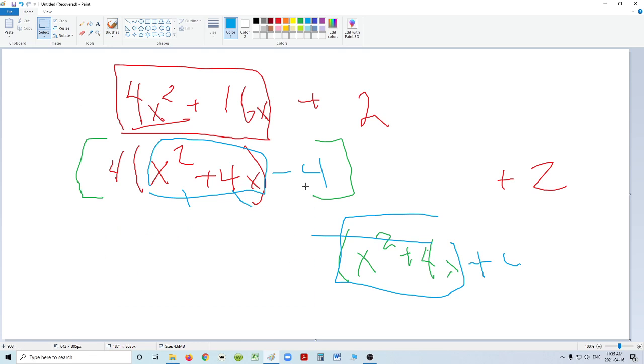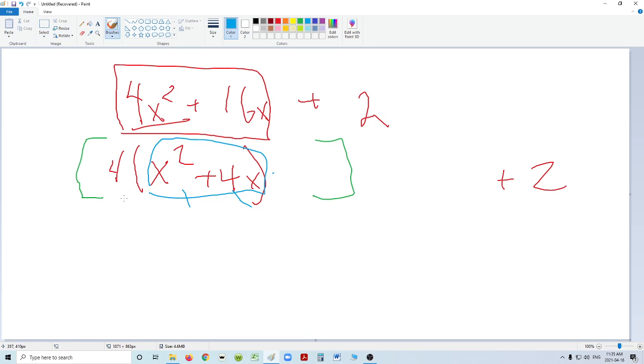So I'm going to rewrite it instead of just throwing the minus 4 in there. I'm going to rewrite it as 4 x plus 2 squared minus 4, and remember, we're going to keep it all in the green brackets.